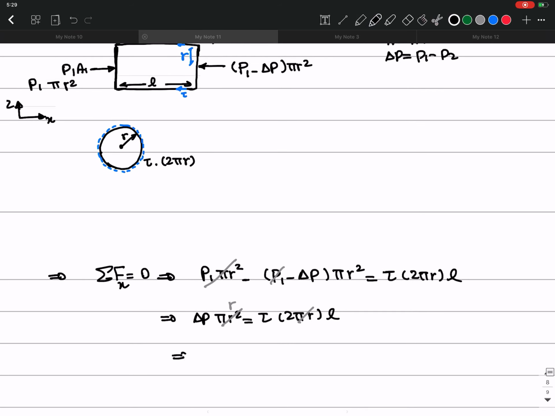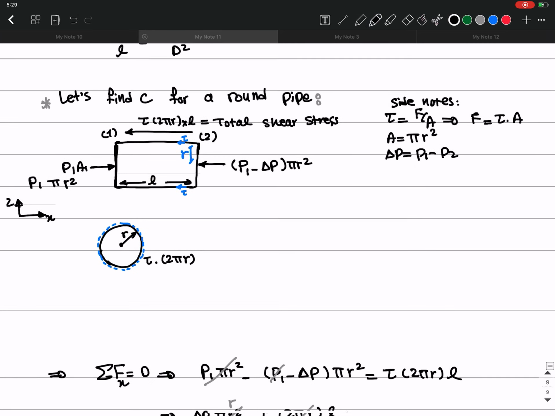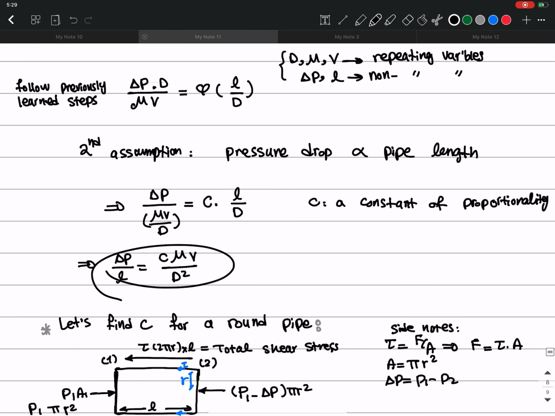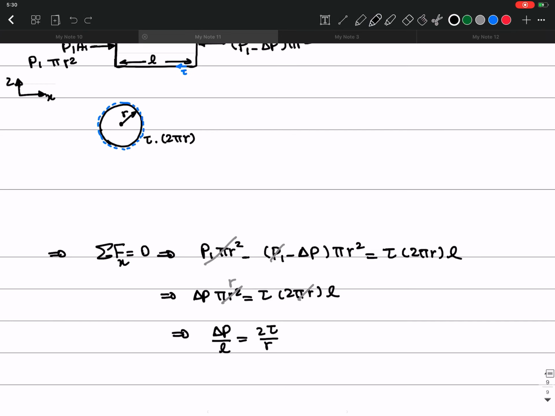And so this gives me that delta P over L is 2 tau over R. Okay? Interesting, because this is getting closer to this form that we want, but we need to find this tau, which is the shear stress that the fluid applies to the pipe.